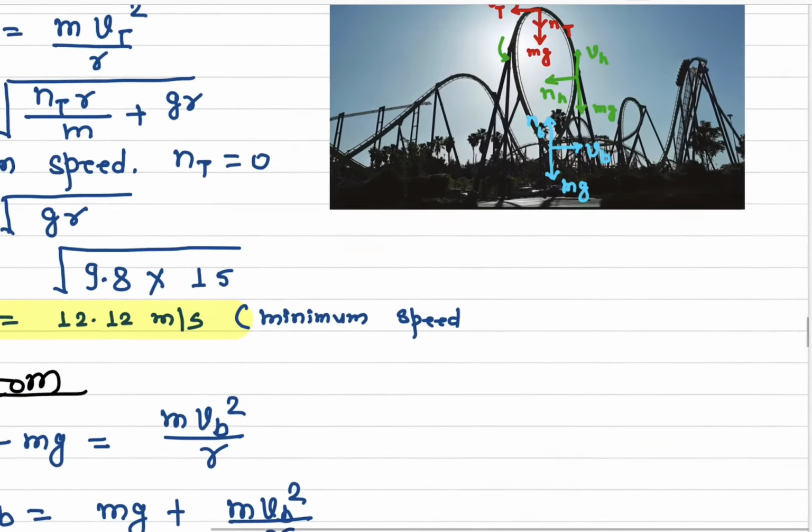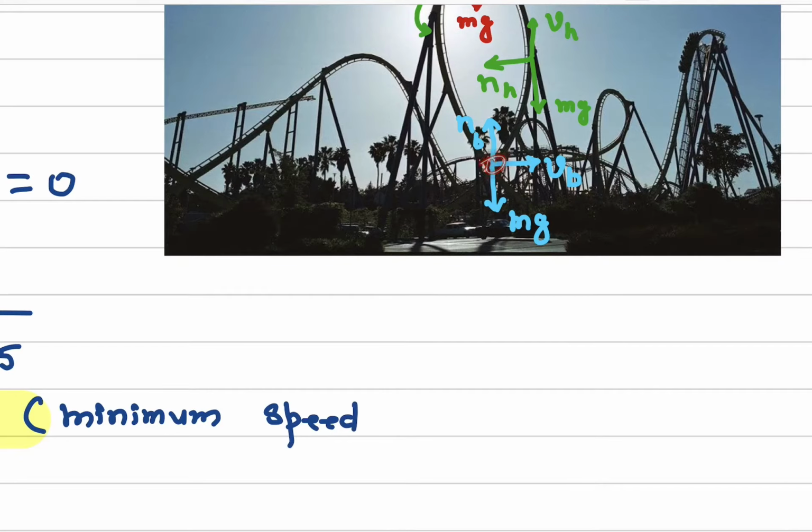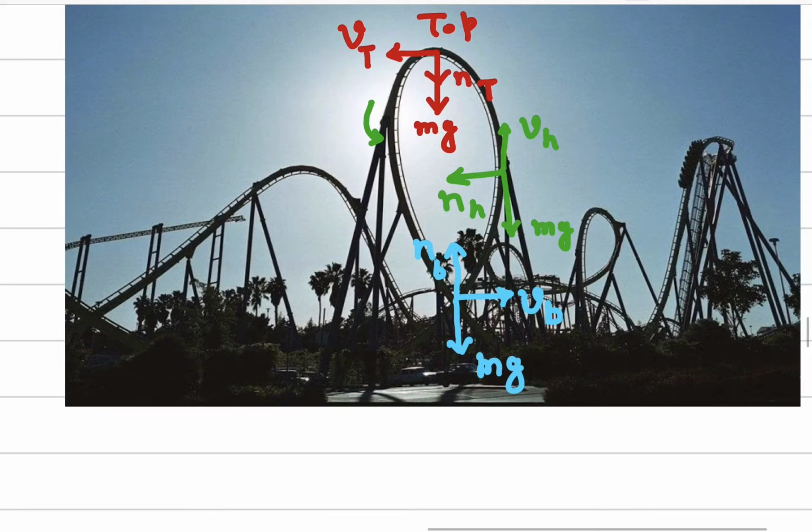Now let's do the same thing exactly at the bottom. Again, draw a free body diagram. The velocity at this point is again tangential, and it is along this way. If I draw a tangent at this point, that gives you the direction of the velocity, and Vb is the magnitude of the velocity, which is the speed at that point. The weight, as always, is vertically downward, and at this point the track is pushing you upward.